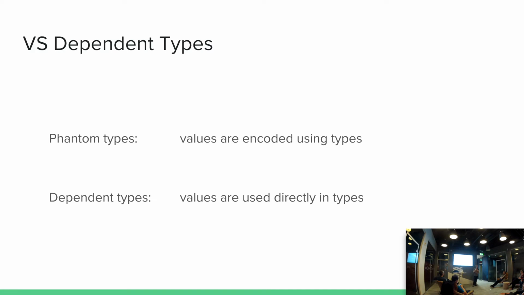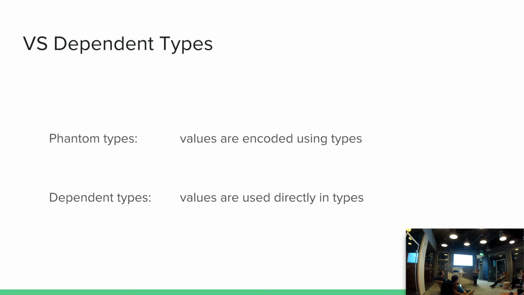So we can say in our computations that if we have, for instance, a list of length 2 and a list of length 3, and we add them together, then we get a list of length 5. And we're able to do these things because values actually exist directly at the type level. The difference with phantom types is that we're basically simulating those values at the type level. So they're not using actual values at the type level, they're only being approximated using these Peano numbers. Whereas with dependent types, you're actually using the values directly.